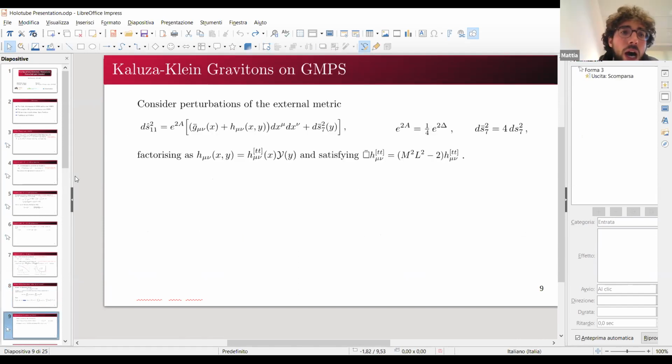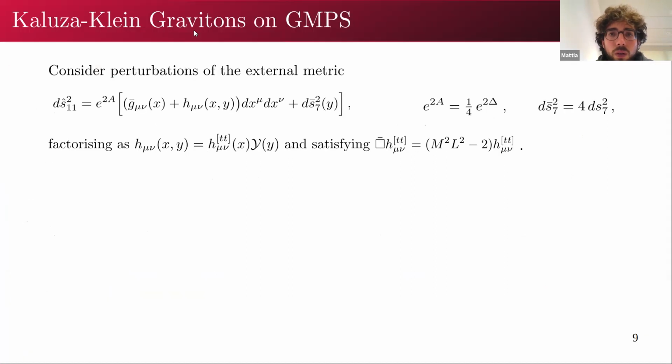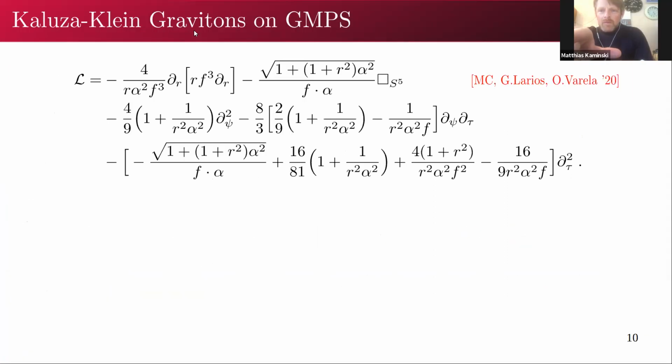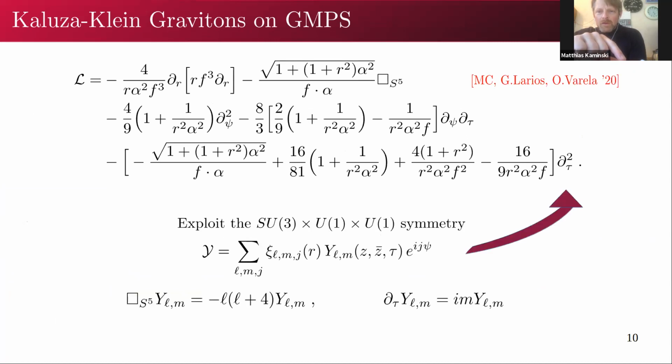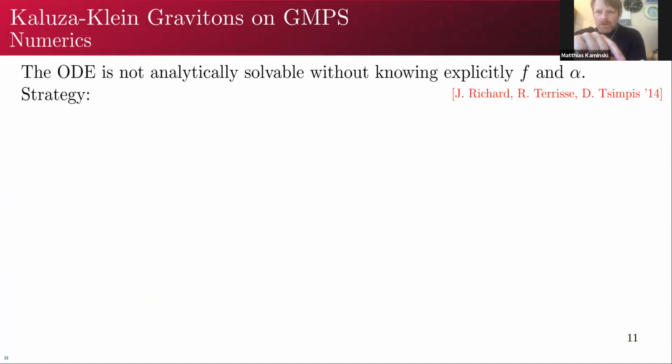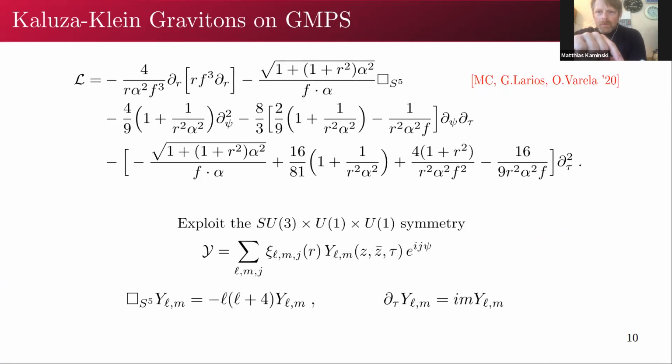Maybe I know what you mean. Yeah, here's the example where you just have a circle, like a U1. Precisely. Like an S1, and then you generalized it to the full structure, right? SU3 cross U1 cross U1. Precisely. You mean here, when you have the full spherical harmonics.